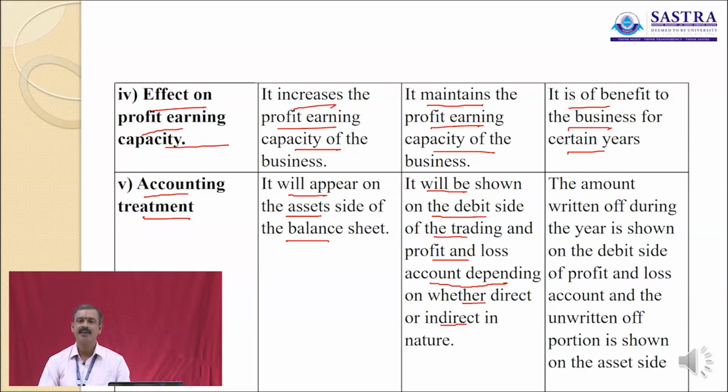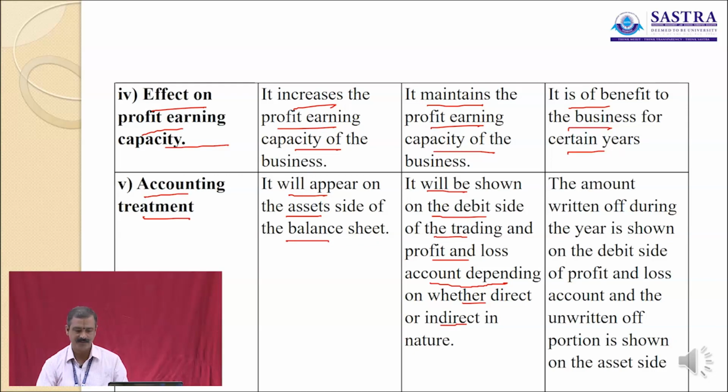Some of the expenses will be directly identified with the operational purpose or with the production and manufacturing process of an organization, which will be shown on the trading account, or the manufacturing account if it is prepared.